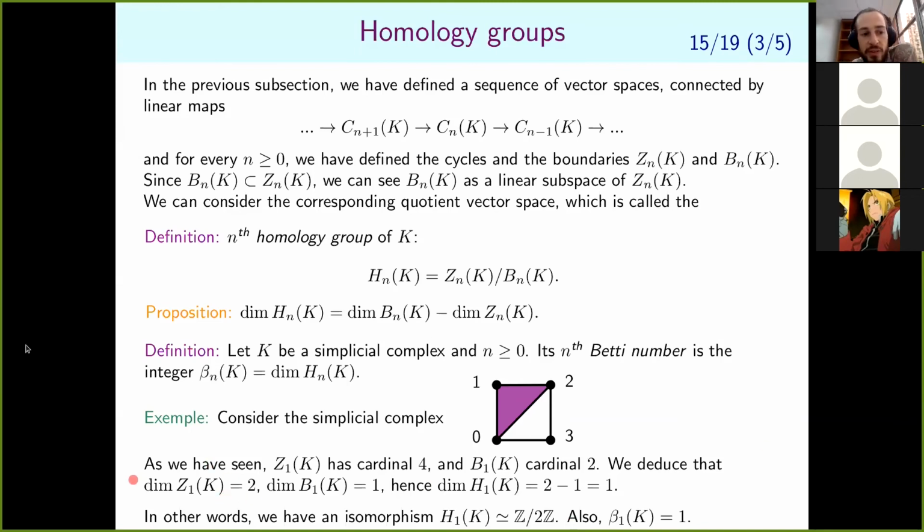So I can deduce that the cycles have dimension 2, the boundaries have dimension 1, and using this formula, I have that the dimension of the first homology group of K is 2 minus 1, and this is 1. And so, by definition, the first Betti number of K is 1.